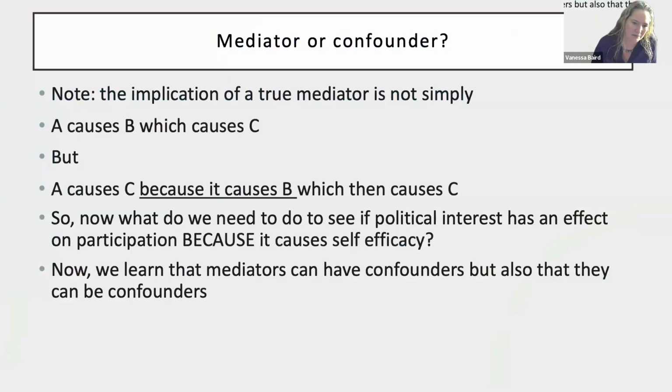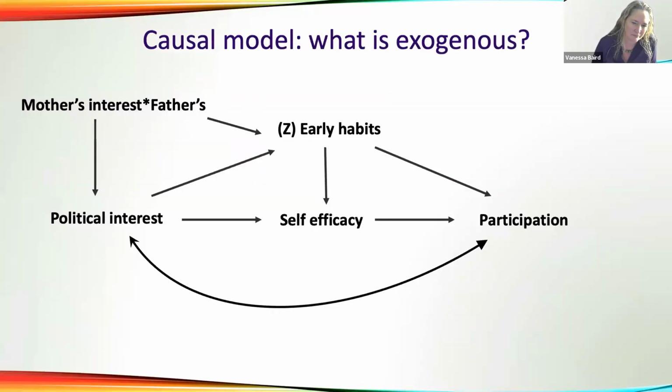All right. So here's where we get into more complicated causal models that we'll be talking about when we talk about experiments. Here's an interesting causal model: political interest is a function of actually your mother's interest.